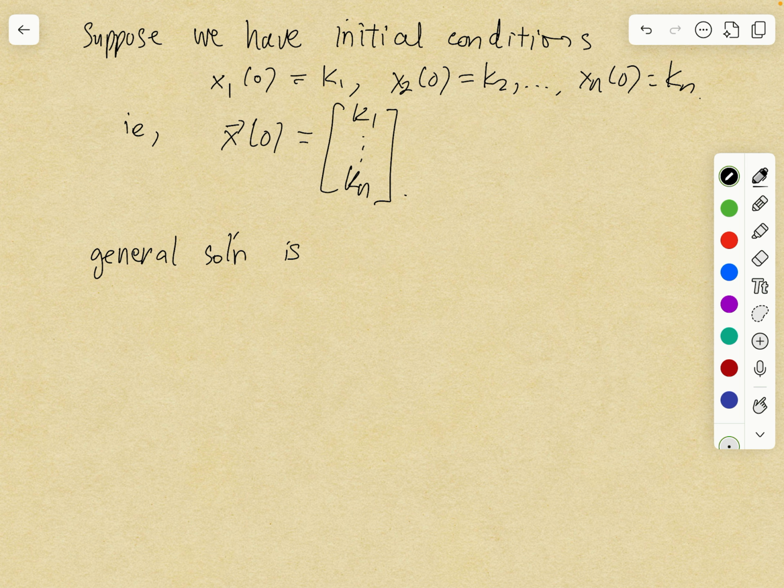So one way to write that is c1 times the first column plus c2 times the second column plus c3 times the third column, all the way to cn times the nth column. One way to write that is e to the At times the vector c1 to cn. Because e to the At is an n by n matrix, and when you multiply by the vector c1 to cn, you're taking a linear combination of the columns: c1 times the first column plus c2 times the second column, etc. So that's one way to write the general solution.